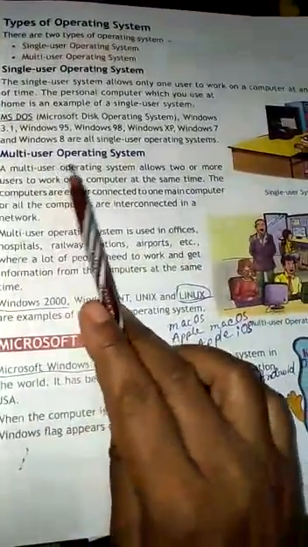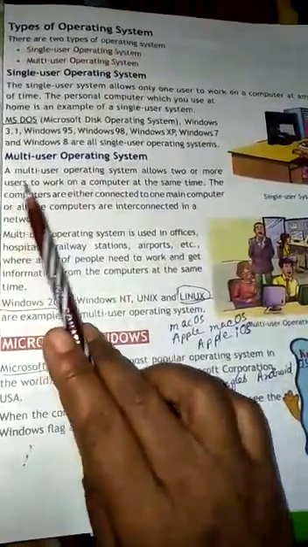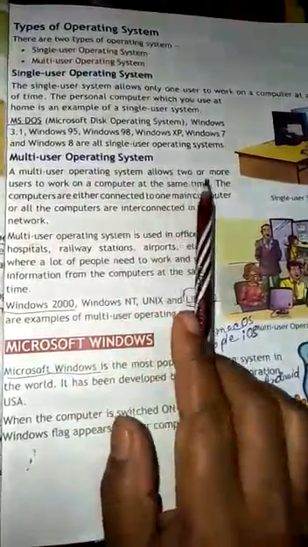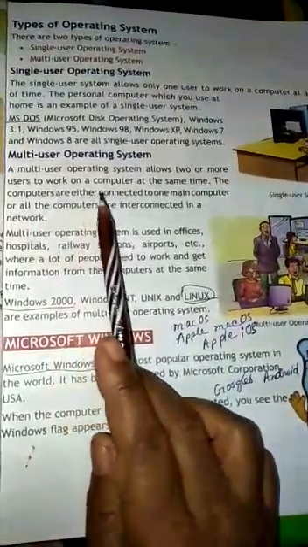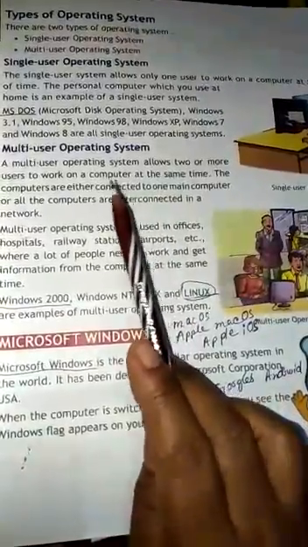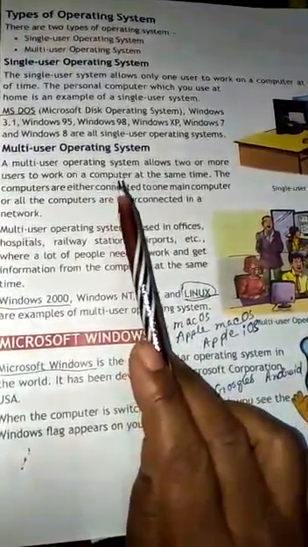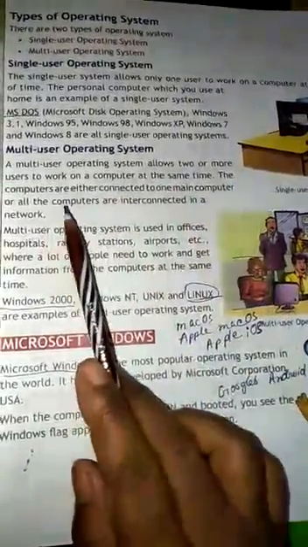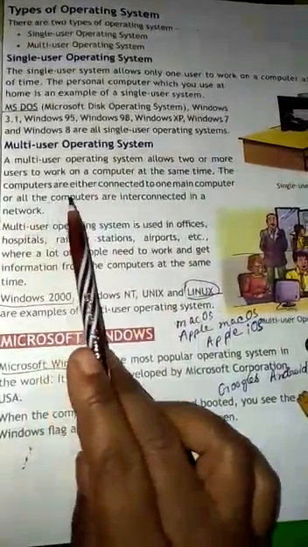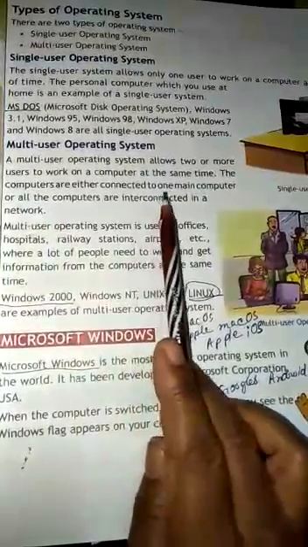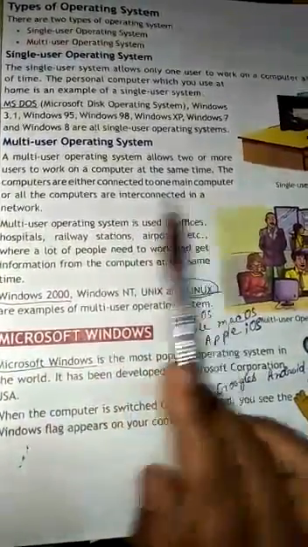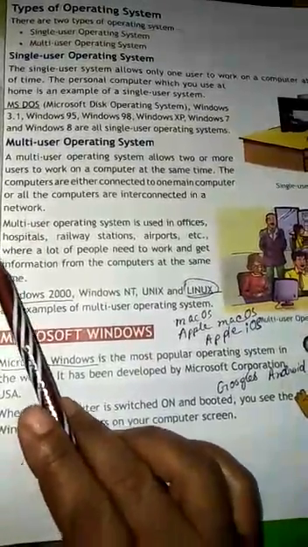Now multi-user operating system. A multi-user operating system allows two or more users to work on a computer at the same time. The computers are either connected to one main computer or all the computers are interconnected in a network.